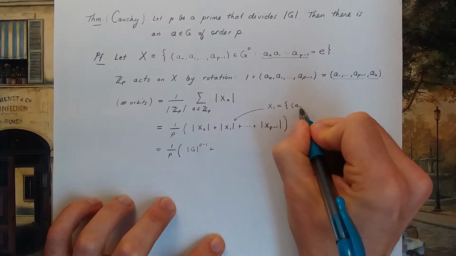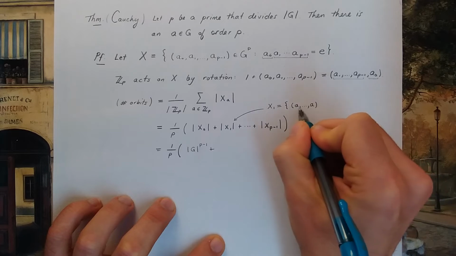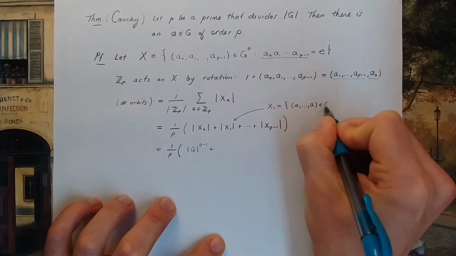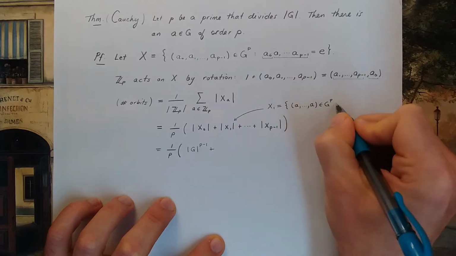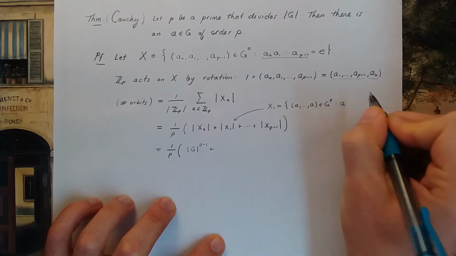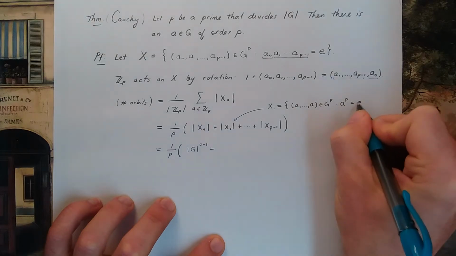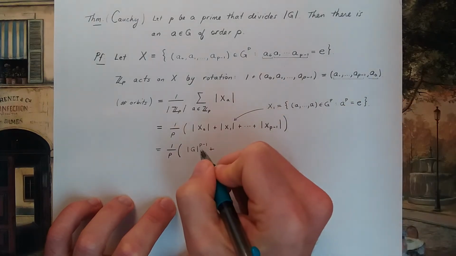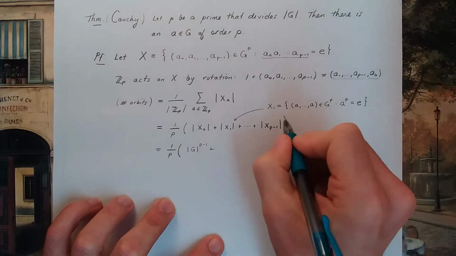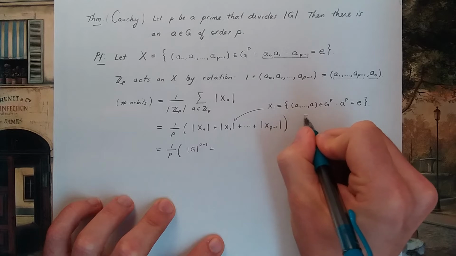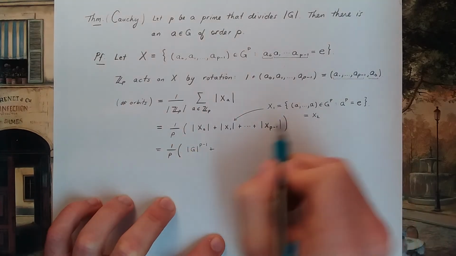So that means my set X1 has to be everything of the form a, a, a, a, a, every element in my tuple the same, and it has to satisfy the condition that a to the p power is the identity. If you think about it for a second, that's also the same as the set X2. Why?